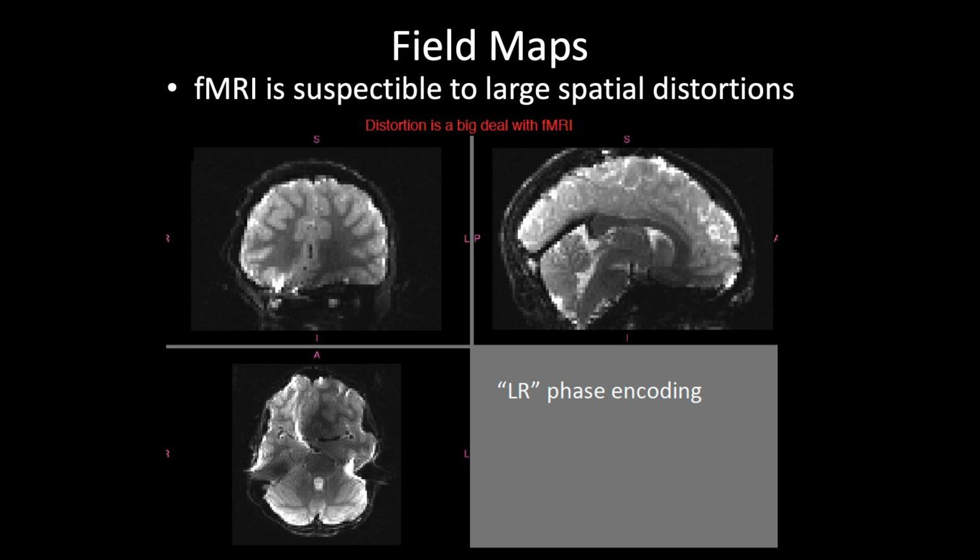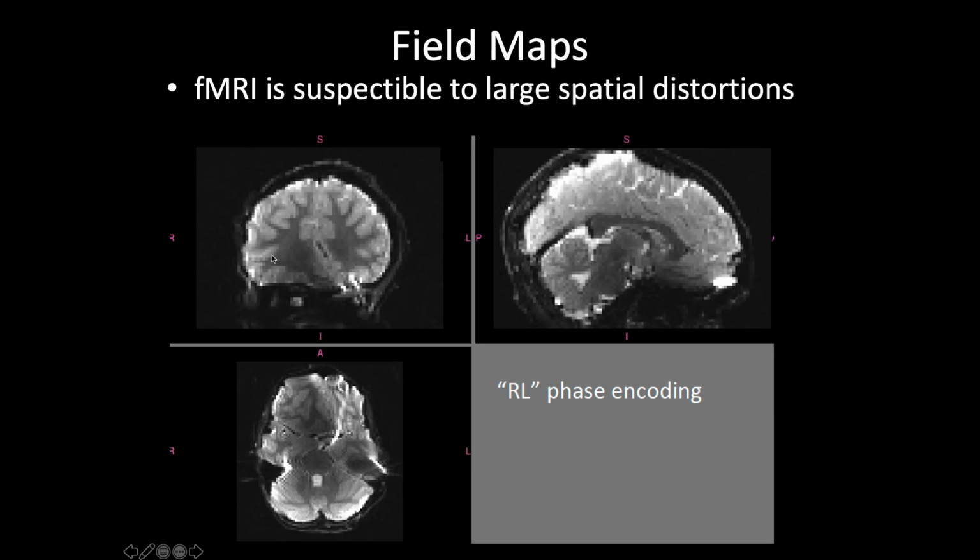So as we know, fMRI is also susceptible to spatial distortion. And this is an example using a left-right phase encoding from the HCP, and you can see that the image is being pulled over in one direction. So you've got the distortion in this phase, as opposed to if you were collecting it right-left, right? You see the pulling in the opposite direction.